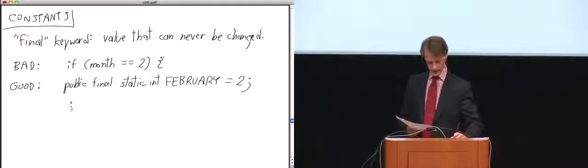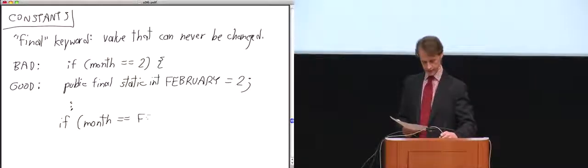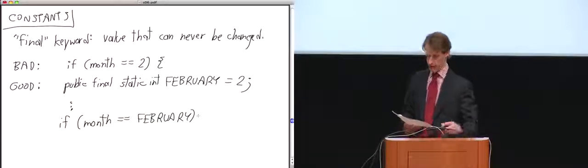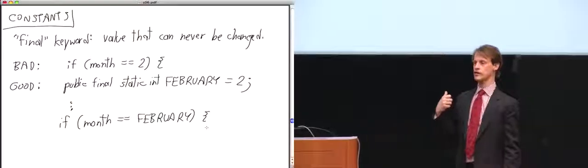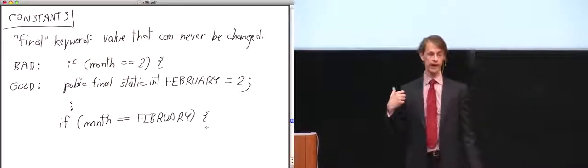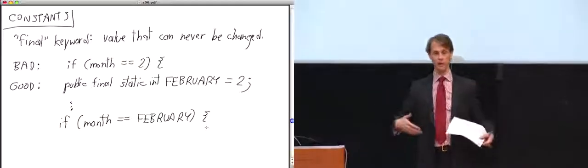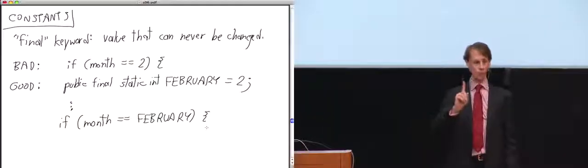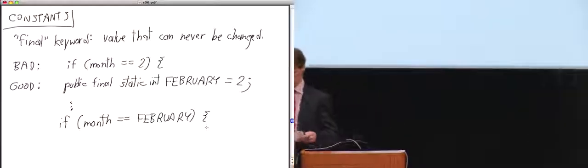And then later in the class, we replace that earlier line of code with one saying, if month equals February. Why do you do that? Because if you ever change your mind about which numerical value should represent February, if you want it to be the months numbered from 0 instead of months numbered from 1, you only have to change the number at one place in the code instead of 100 places in the code.